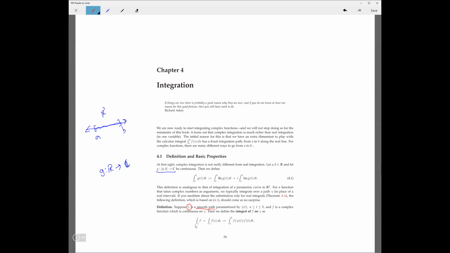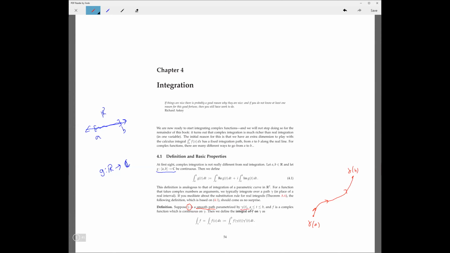Okay, and so the interval is written like this. Instead of writing a lower limit and upper limit, you're writing a path. So gamma could be like a path that goes like that. And we've already done some parameterizations. The beginning point's there, ending point's there.